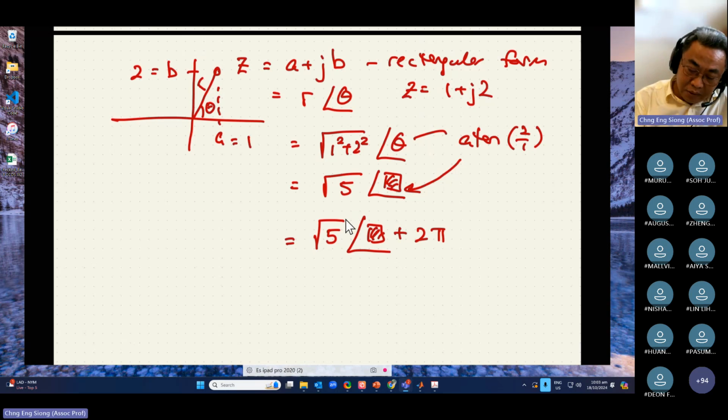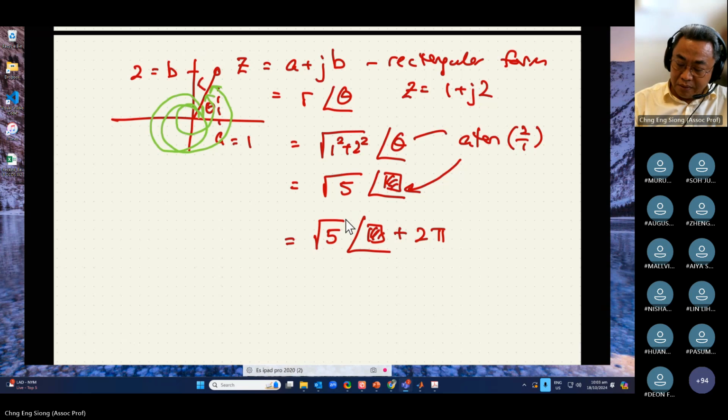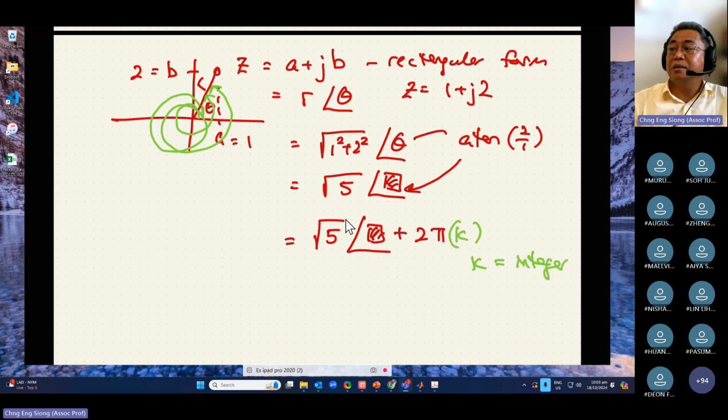So theta is here. Theta plus 2 pi is here. Theta plus 4 pi is here. Same. k equals integer, positive integer, negative integer. So this is a very strange thing that you will find in complex numbers.